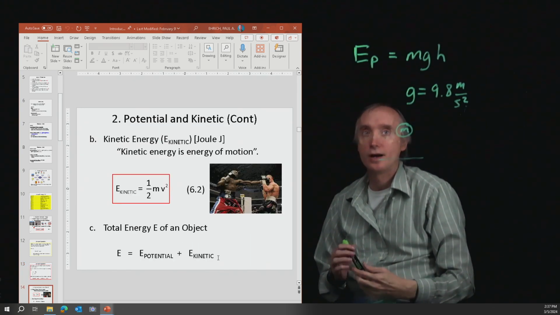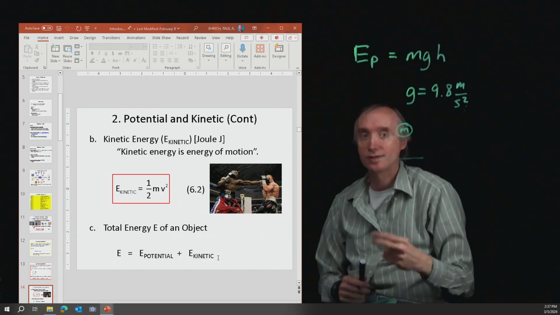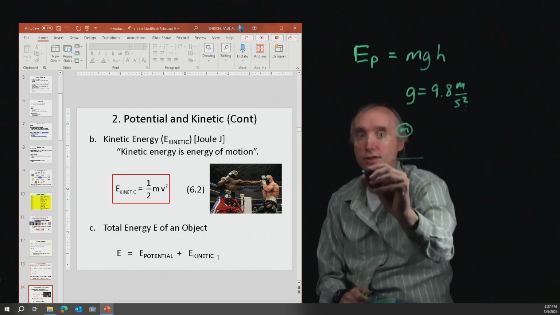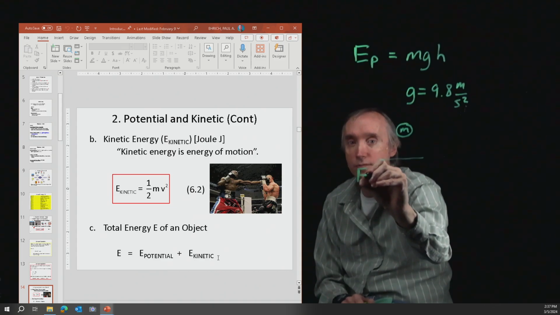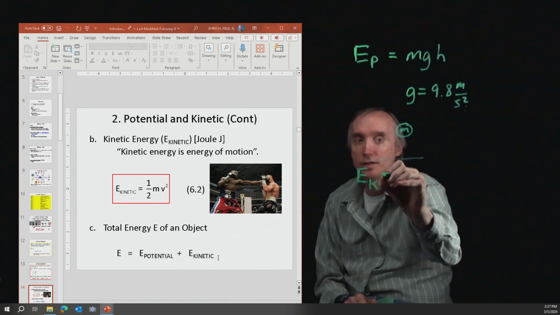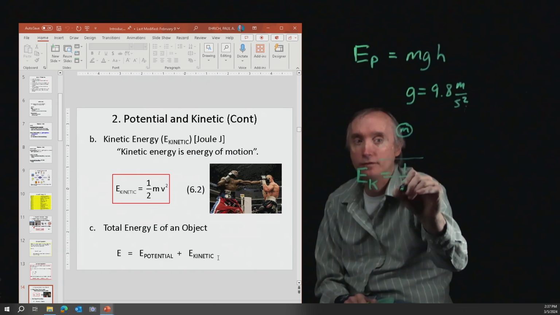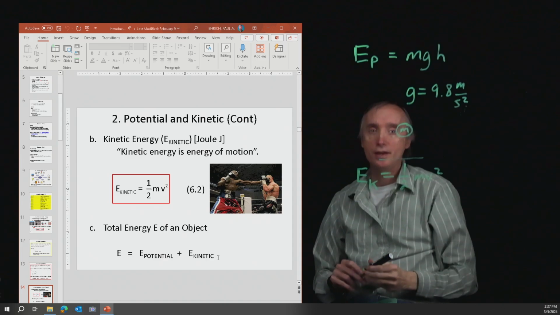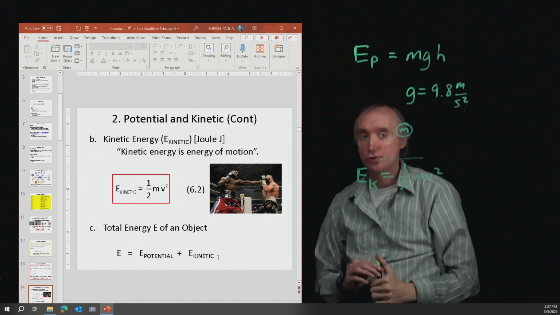Okay, then we talked about kinetic energy. So the second kind of mechanical energy is called kinetic energy, and that is going to be E sub K, and its formula is going to be 1/2 mv squared. So kinetic energy is energy of motion.